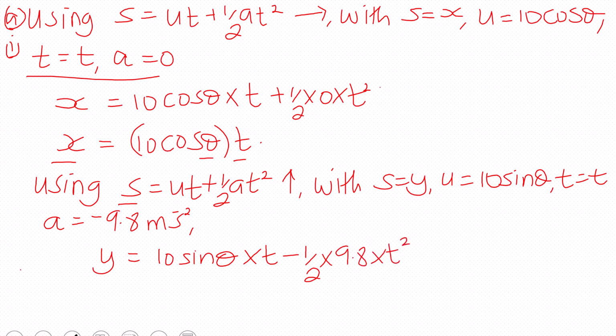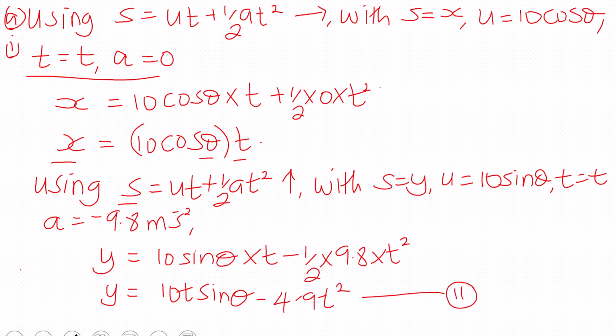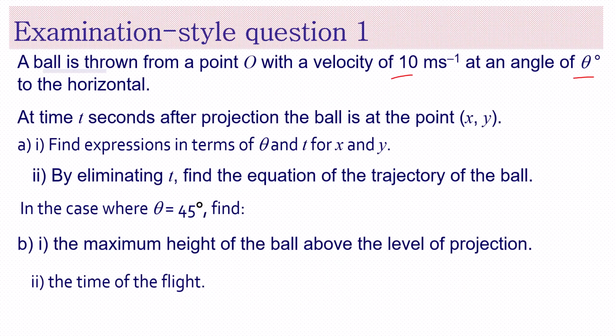Simplifying, y equals 10t sine theta minus 4.9t squared. This is our equation 2, and the earlier one was equation 1. So we have expressed x and y in terms of theta and t.